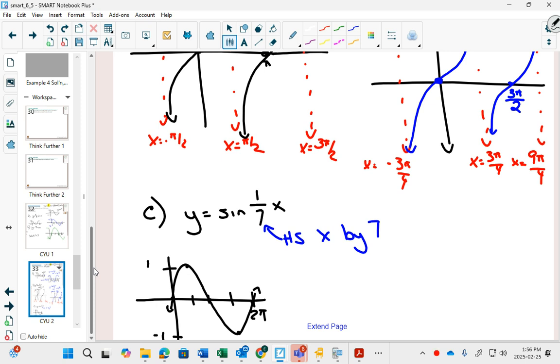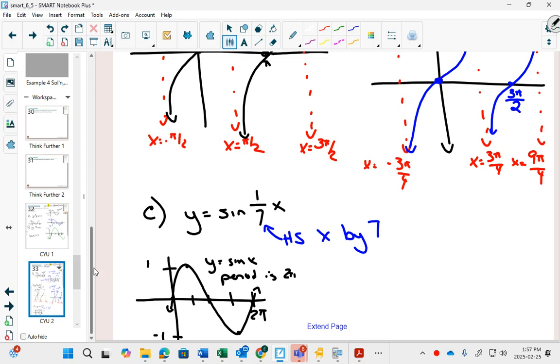So we have to have our normal sine graph memorized, quickly be able to draw it. It has a period of 2 pi. If you multiplied, right, this is y equals sine x, period is 2 pi.